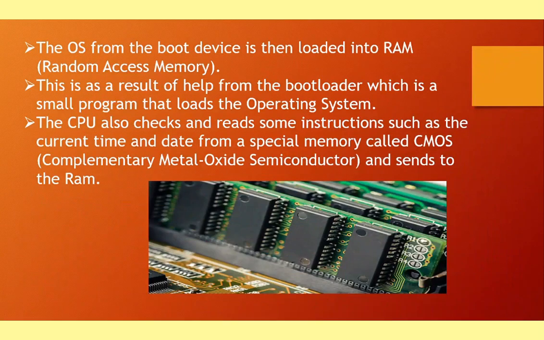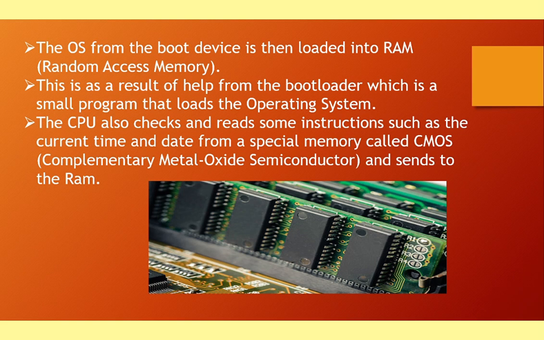After that, the operating system is found from the boot device. It is then loaded into the computer main storage or the random access memory. This is successful due to the help of the bootloader, which is a small program that loads the operating system.